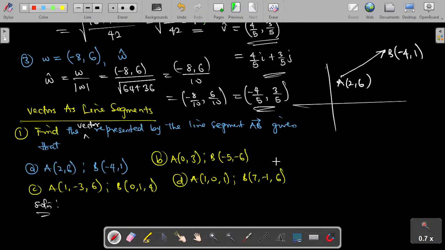So how do you find vectors represented by points like this? Very simple. For the first one, remember I said I will do only 2.